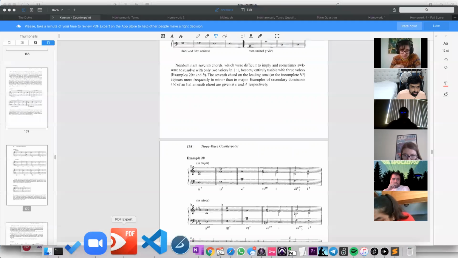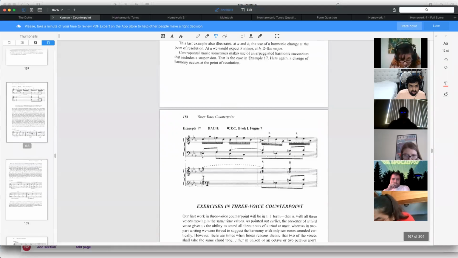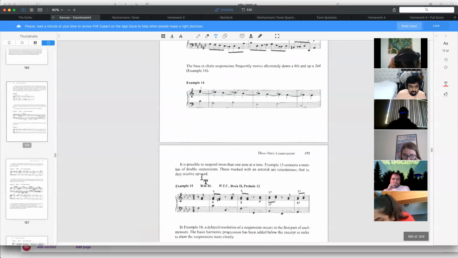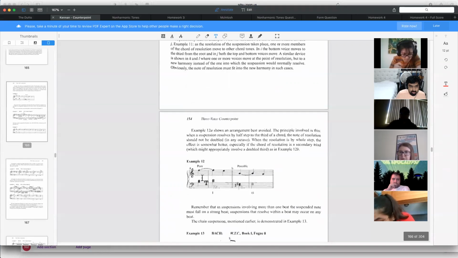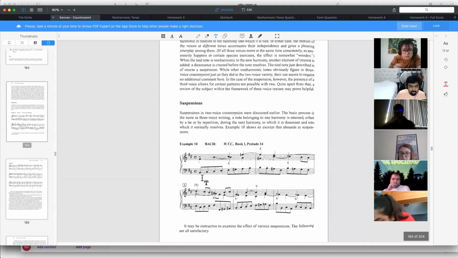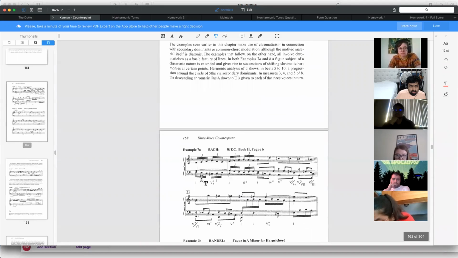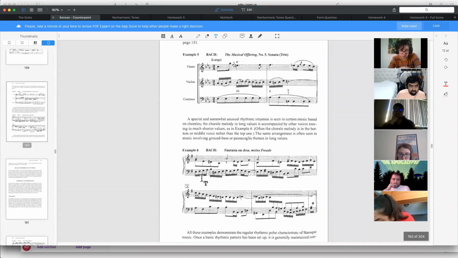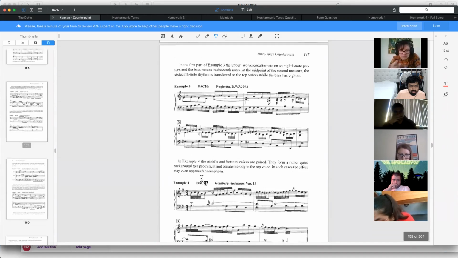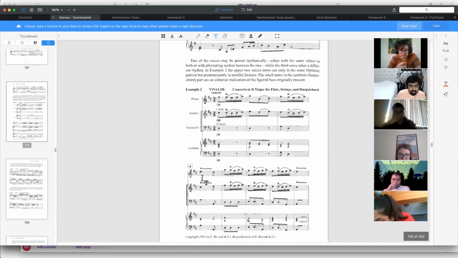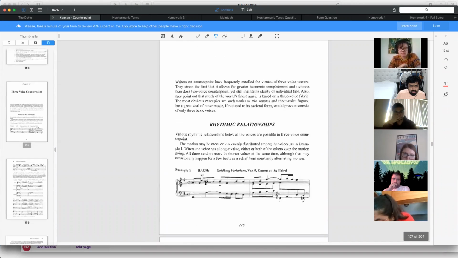I think it's this one right here, to go back in chapters. It's the F minor fugue.